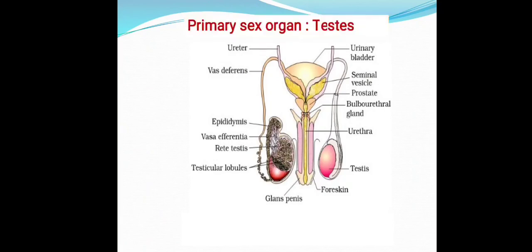The male reproductive system involves the primary sex organ, that is testes. Whenever we write about two testes, we use the spelling T-E-S-T-E-S. If it is about one testis, we use the spelling T-E-S-T-I-S.